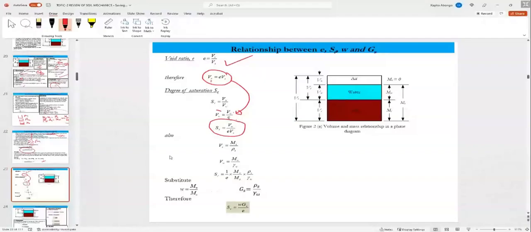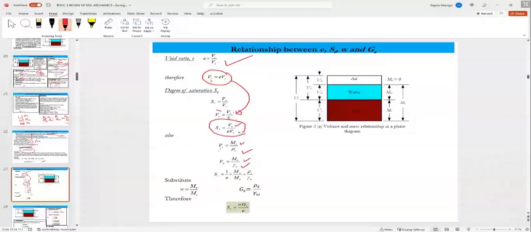Then volume of solid is mass of solid over the density of solids. Volume of water is the mass of water over the density of water. So then volume of solid is here, volume of water here.